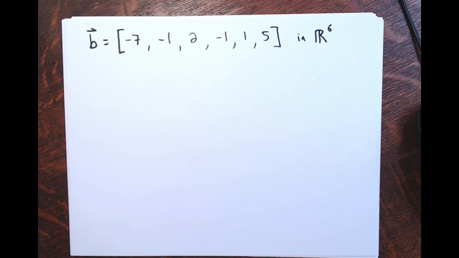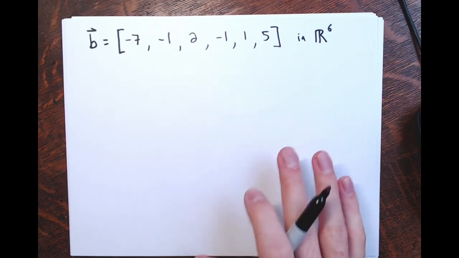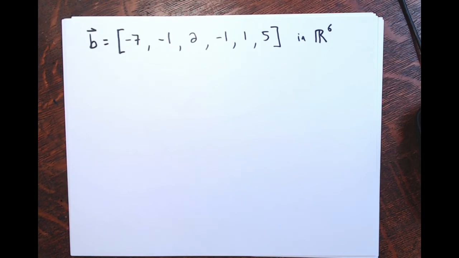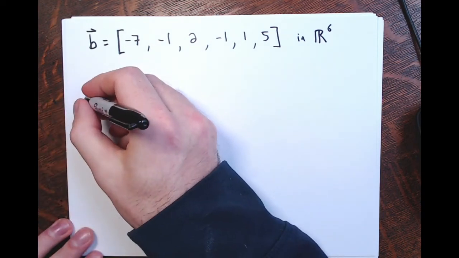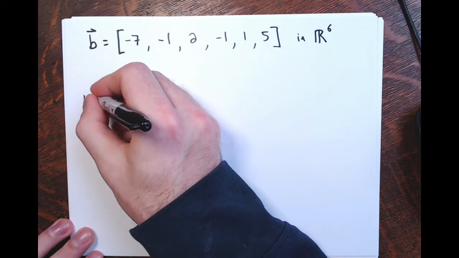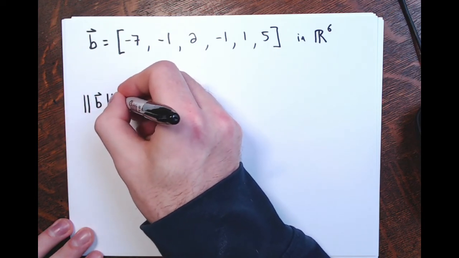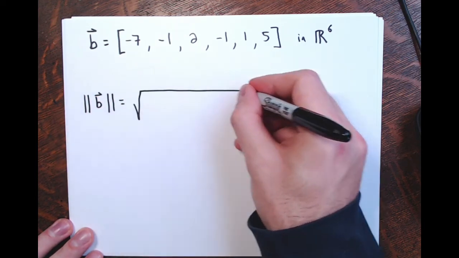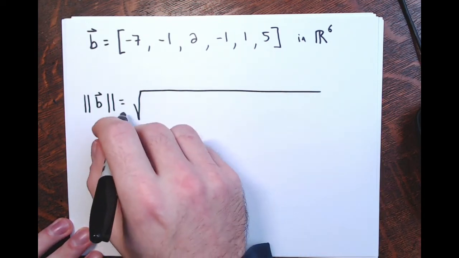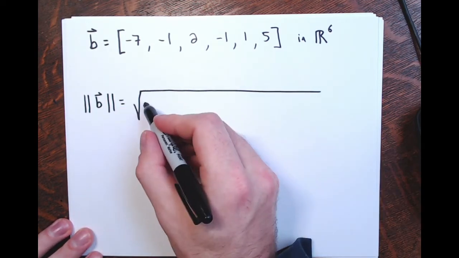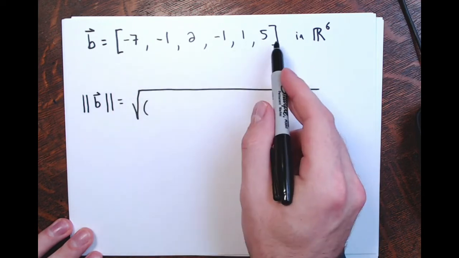Can't visualize it. 3 dimensions is even hard to visualize on a 2-dimensional piece of paper, so 6 dimensions, I'm not doing that. But we can still describe the magnitude of this vector. The magnitude, or length, of vector B again just extends to 6 dimensions. Just make a big square root of the sum of the squares of every component of the vector.